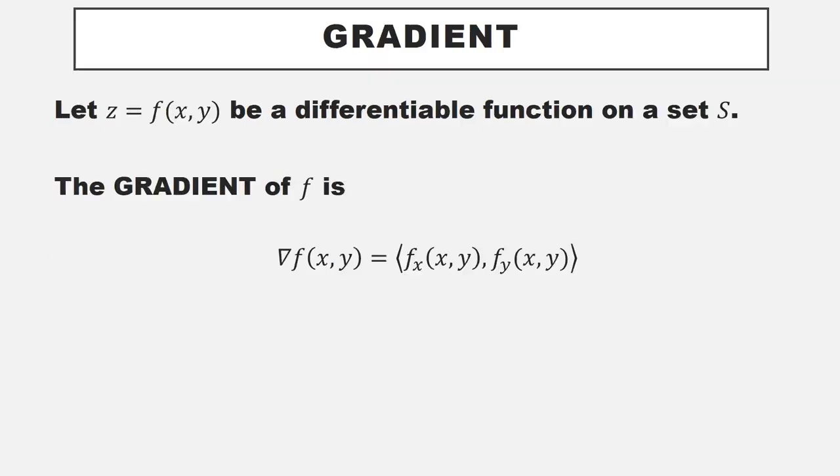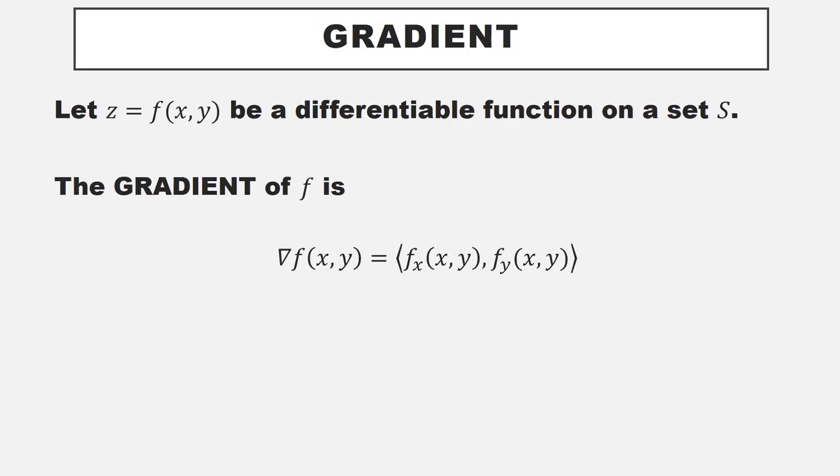Now, another concept we're going to look at is the concept of gradient. The gradient is a vector, and it's essentially the vector f sub x comma f sub y. Obviously, we want to have a differentiable function in order to have a gradient.